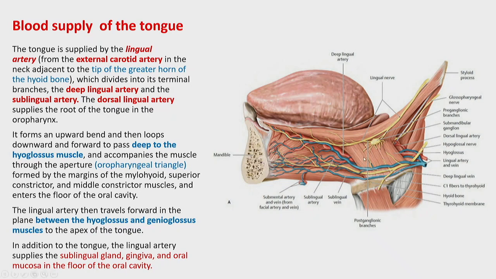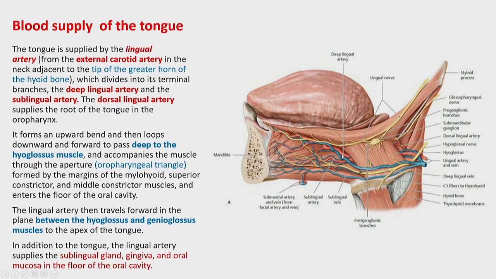So it goes deep to that and continues toward the apex of the tongue. Here you can see that the lingual artery passes between the genioglossus, which is this muscle, and the hyoglossus muscle, going toward the tip or apex of the tongue.